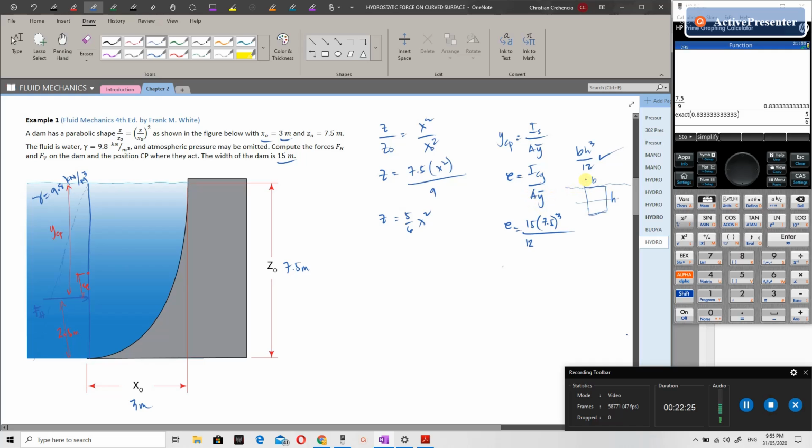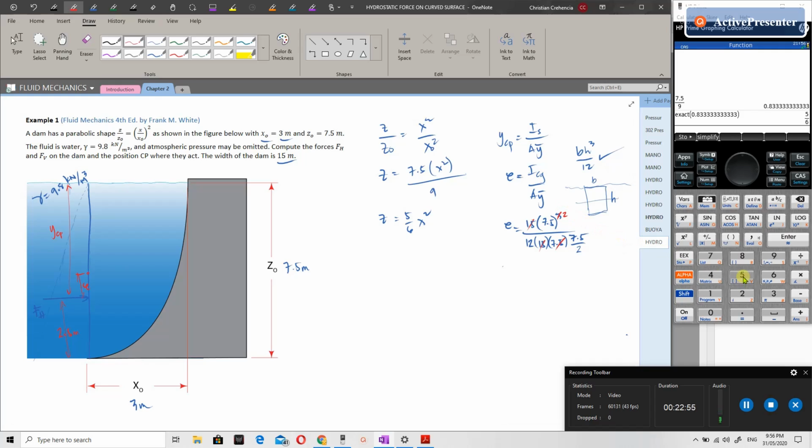Then the area is B times H, where B is the 15 width and H is 7.5. Then y bar is half of H, which is 7.5 over 2. The width will cancel, so let's remove one 7.5 squared.